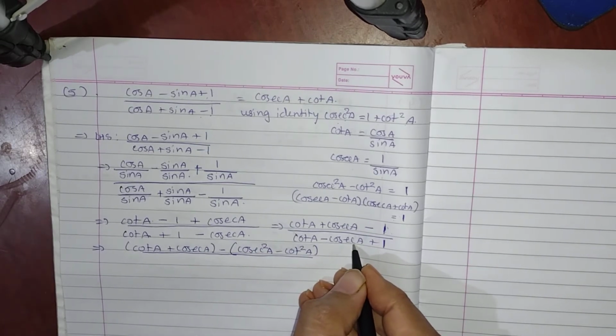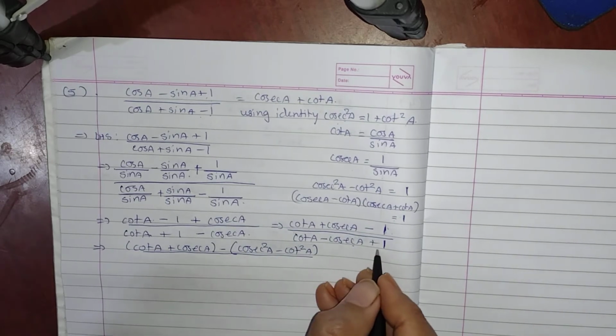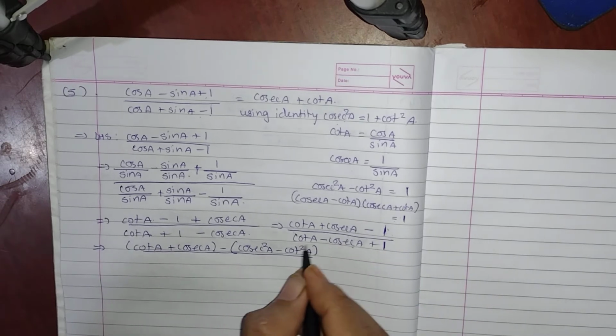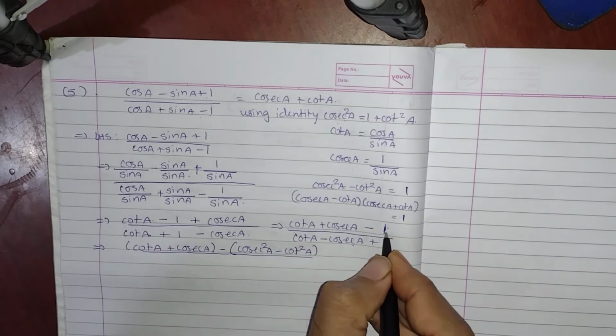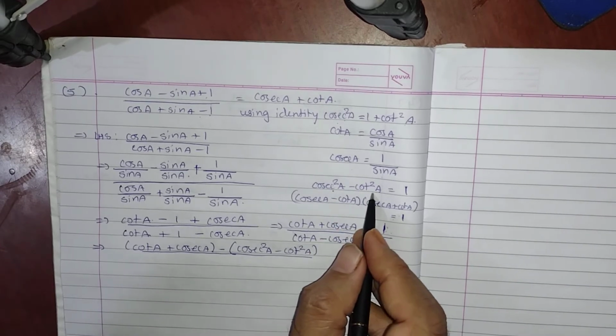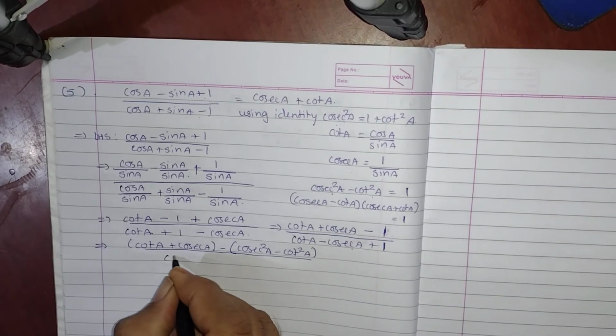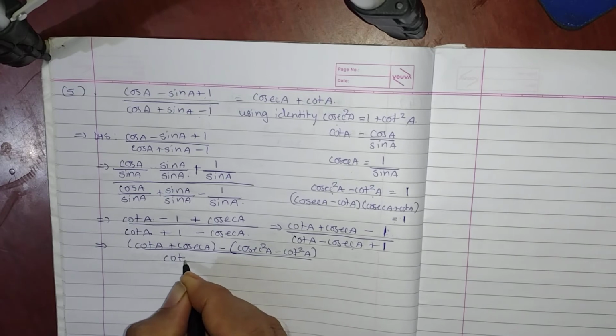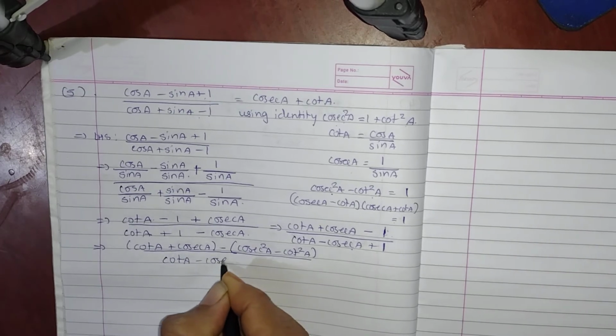In the example we changed the denominator because we had to prove it there in the denominator. Here we are proving in the numerator, so we are changing the numerator. In place of 1 we write cosec square A minus cot square A, and the denominator as usual cot A minus cosec A plus 1.